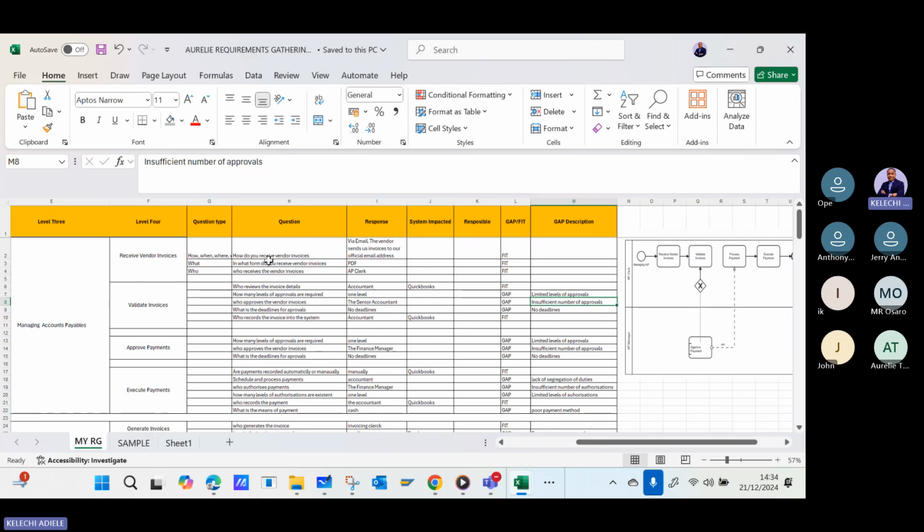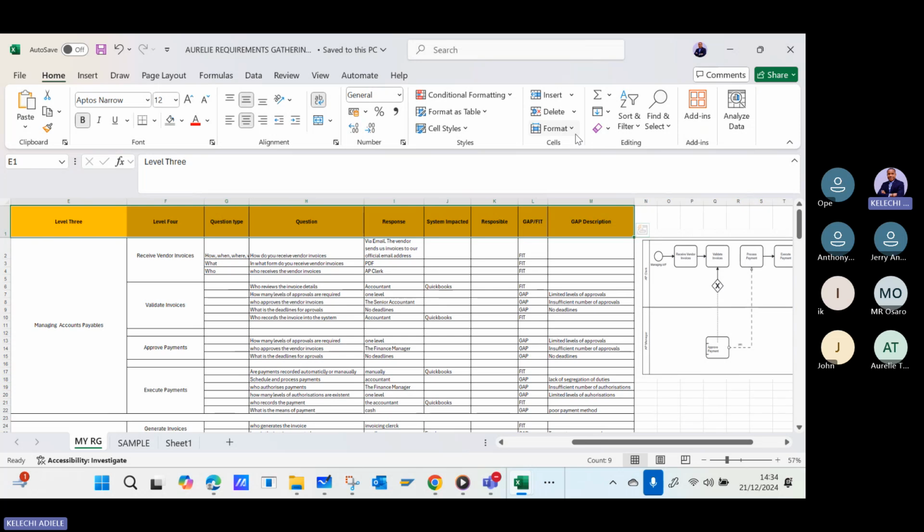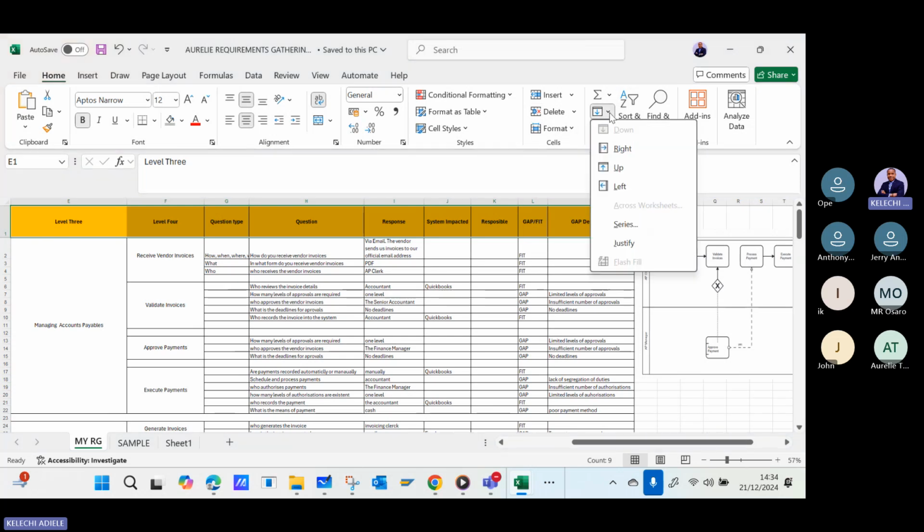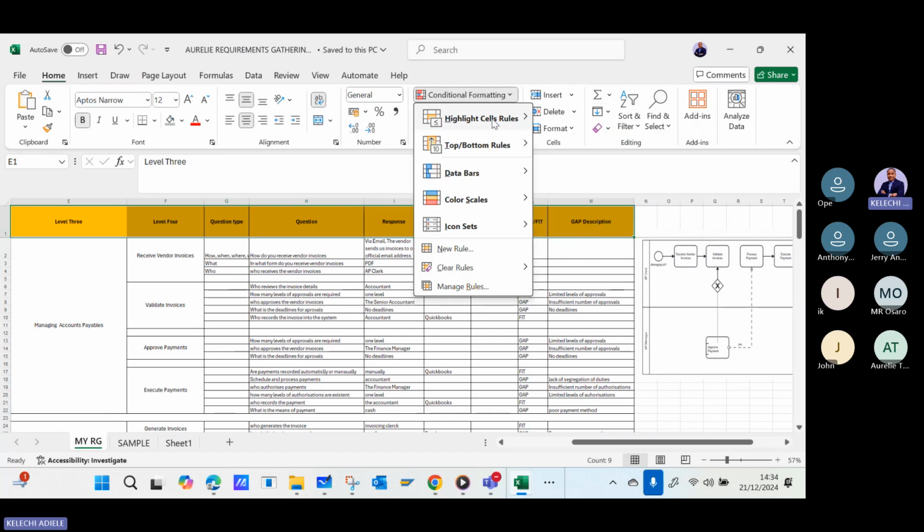We have done a very good job. We have process mapped. We have identified the systems impacted. We have identified which one is a fit, which one is a gap. And if you want, I think this is something we can add on Excel. Where is that now? Conditional table, I believe.